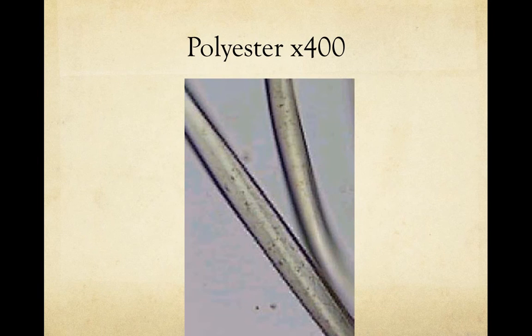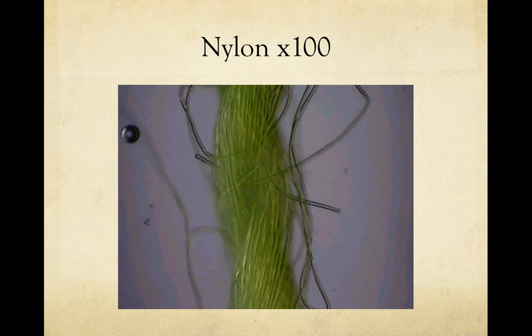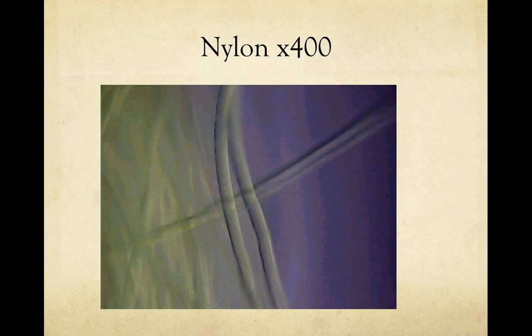And again. Now we're switching to nylon. We're increasing the magnification. In all of these images, hopefully you were able to notice how circular and uniform these synthetic fibers are, in comparison with the cotton and the wool microscopic images from earlier. We'll talk about these differences in shape in the fiber analysis section of this topic.